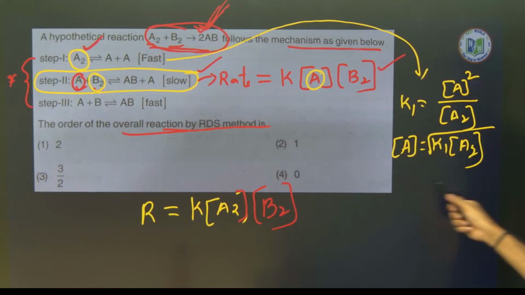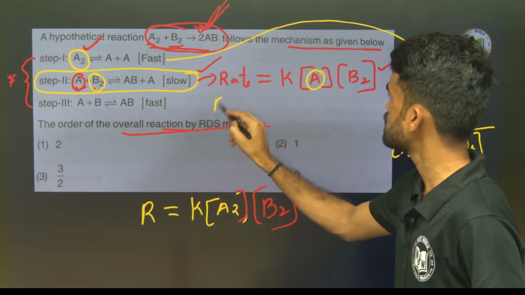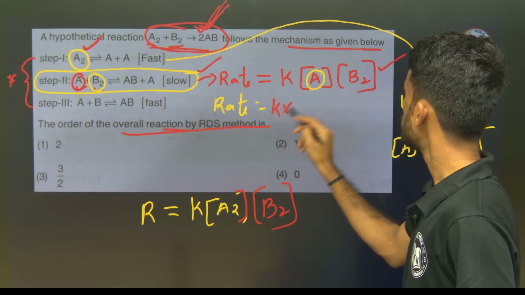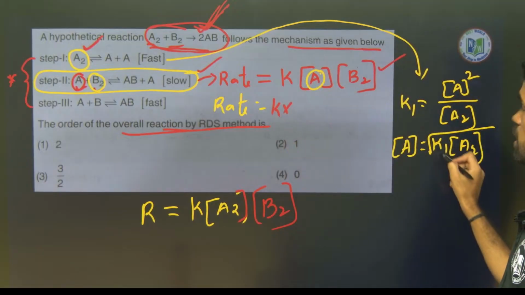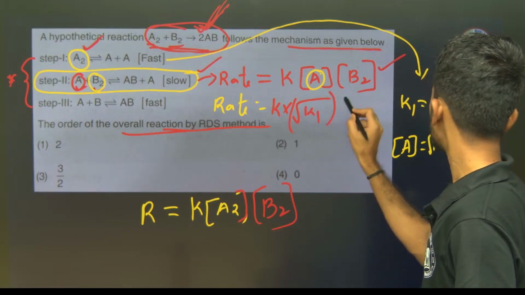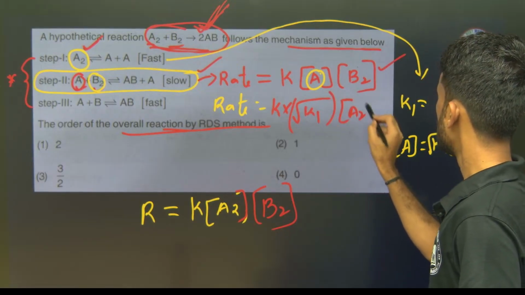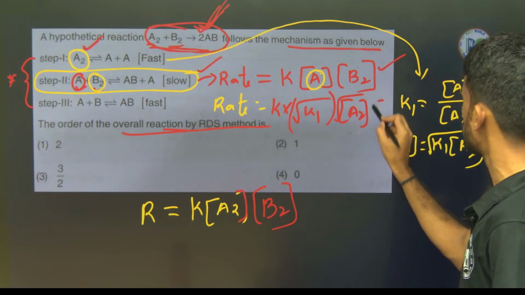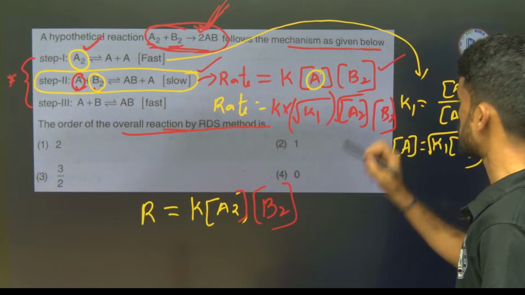So put this value in this equation, what happens? Rate equals K into concentration of A, which is root over K1 into A2, into concentration of B2.